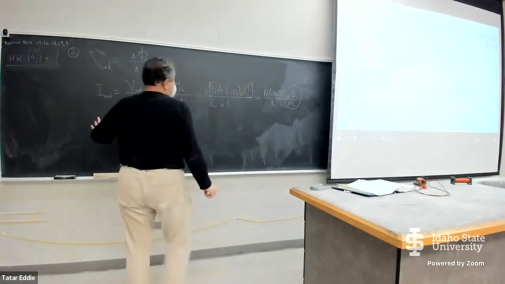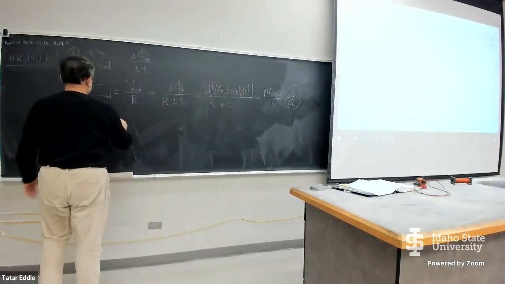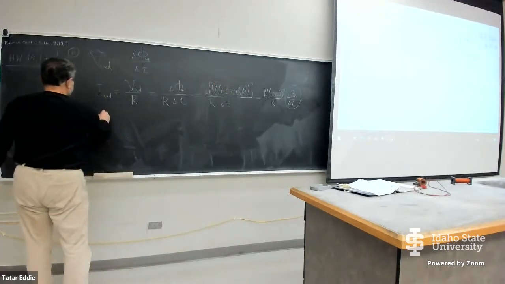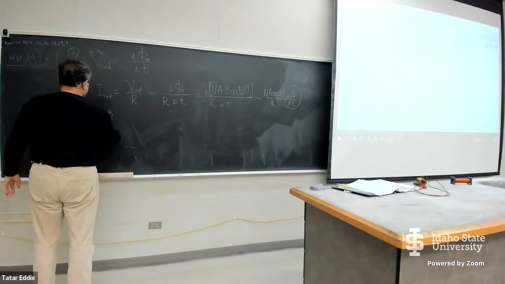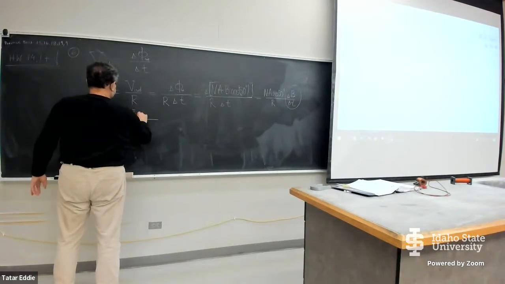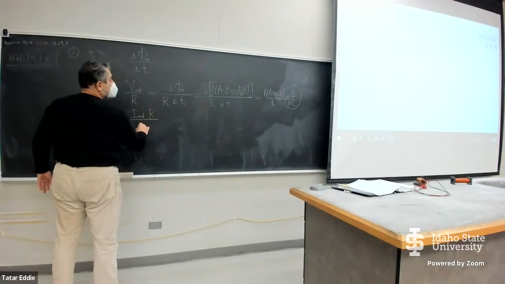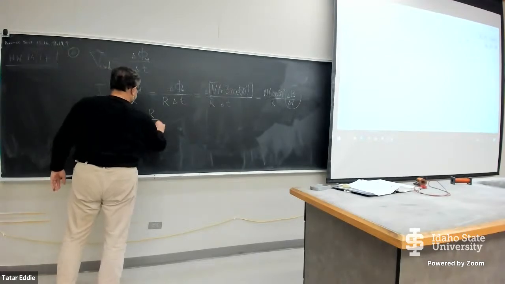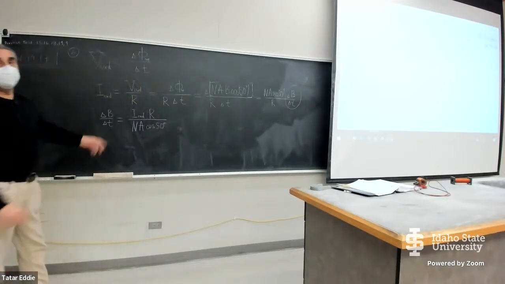So, in other words, since current is this expression, solving for delta B over delta T, it is going to be equal to the induced current, which is given, times the resistance, which is given, divided by number of turns, divided by area, and divided by cosine of this 50 degrees. This should be the answer.